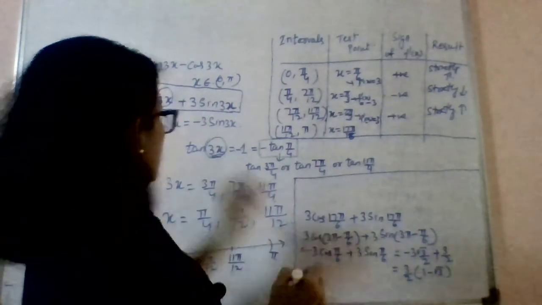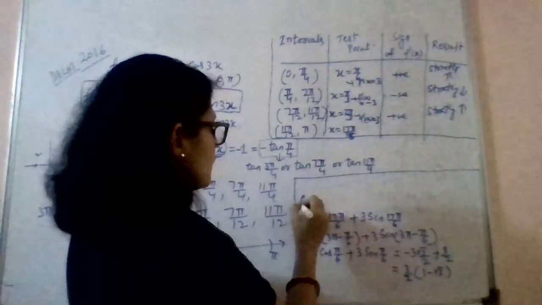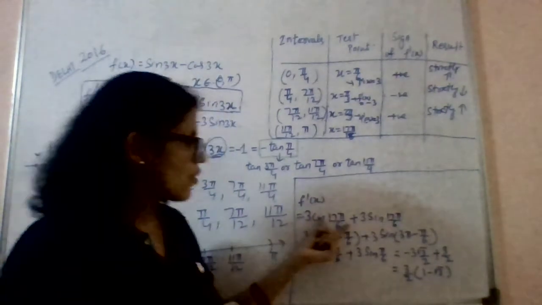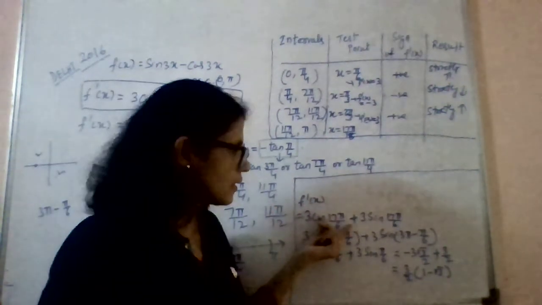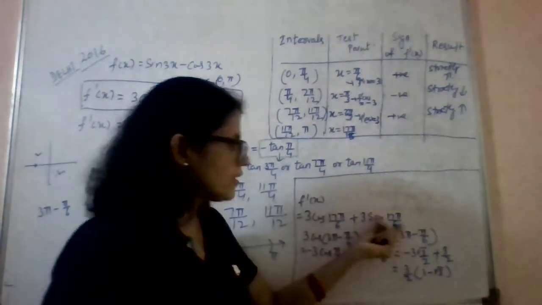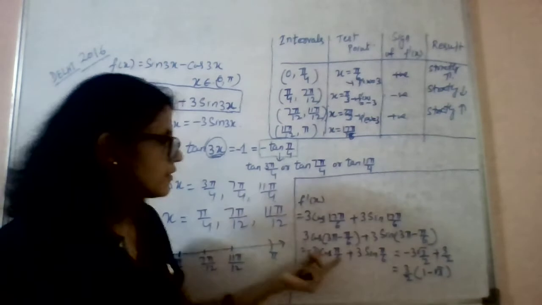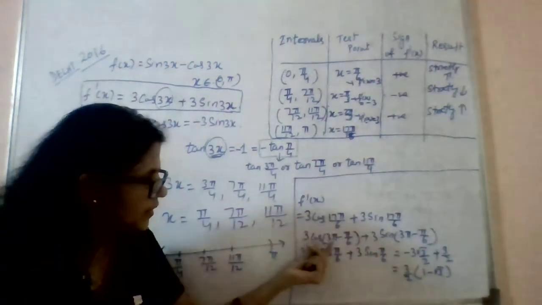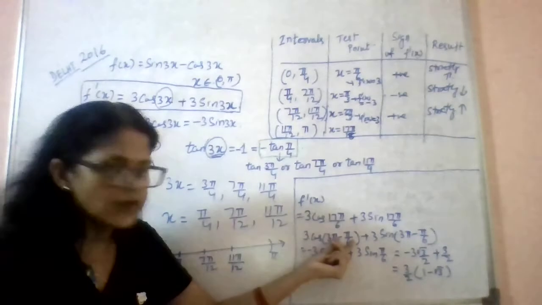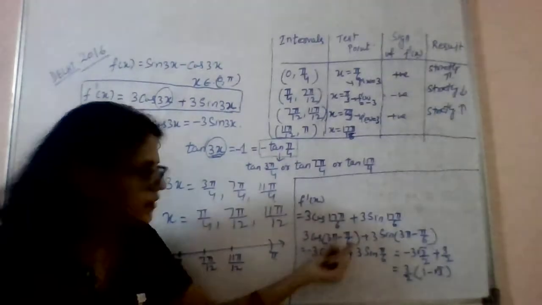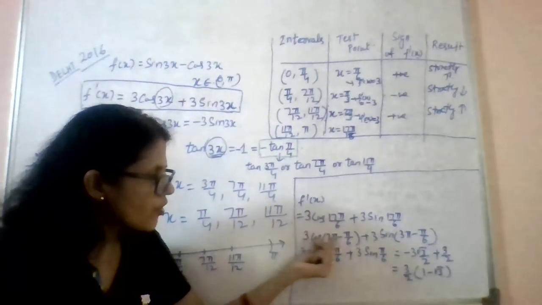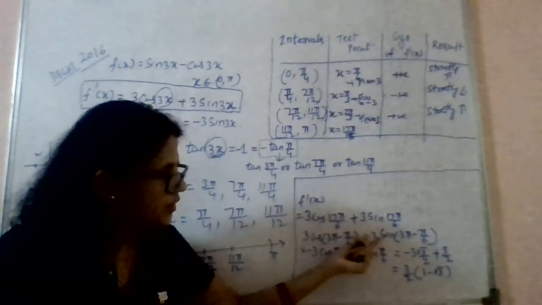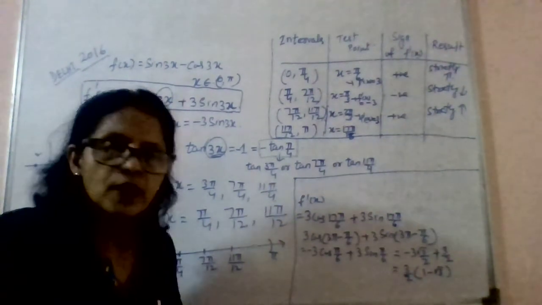So you are having f dash x equal to 3 cos 17 pi by 6 plus 3 sin 17 pi by 6. To write 17 pi by 6, you may take it as 3 pi minus pi by 6. Right? So 3 cos of 3 pi minus pi by 6 plus 3 sin of 3 pi minus pi by 6.